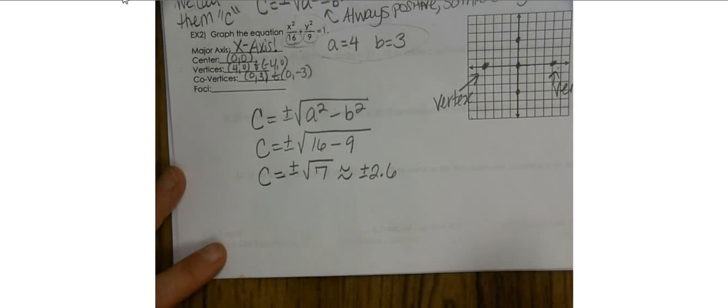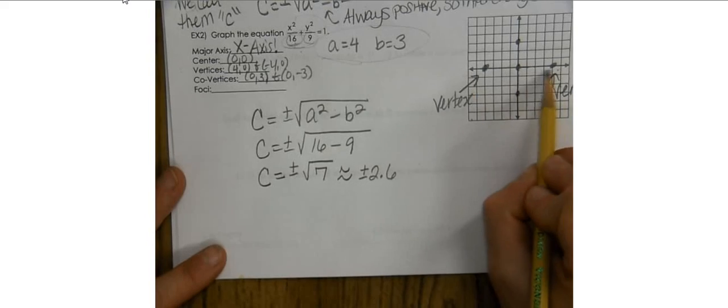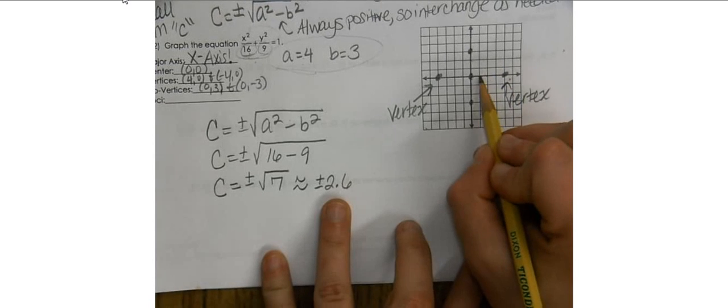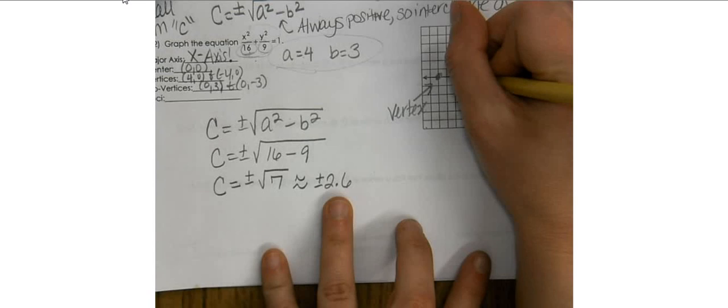Now, like I said to you before, foci are always on the major axis. So my major axis is the longest axis. So I'm going to count 2.6 units to the left and 2.6 units to the right.